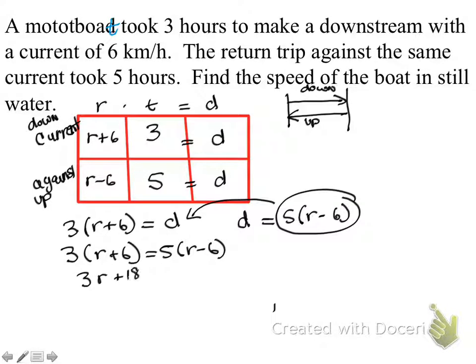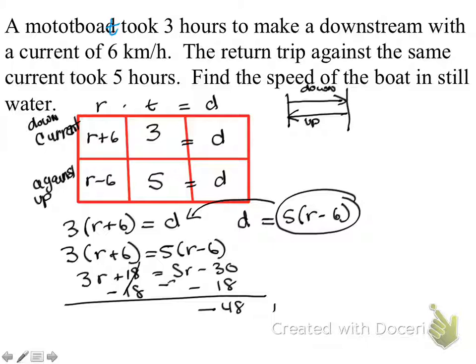3R plus 18 equals 5R minus 30. We're subtracting 18, subtracting 18. That didn't help. I left myself negative 48. I guess I'm going to have to subtract 5R, subtract 5R. I end up with negative 2R. Divide by negative 2, divide by negative 2.